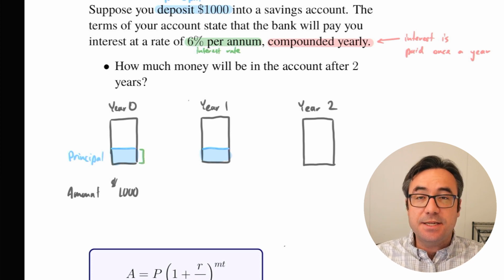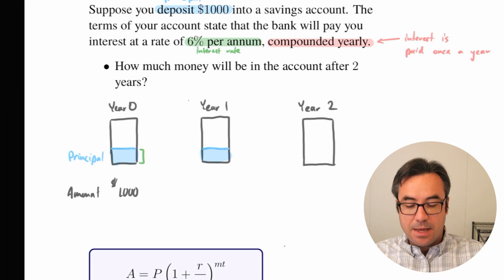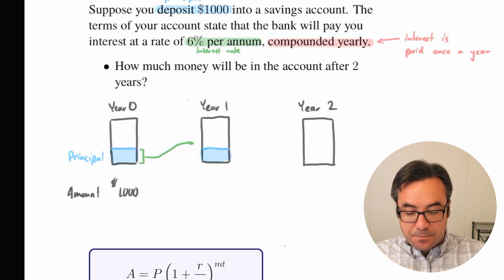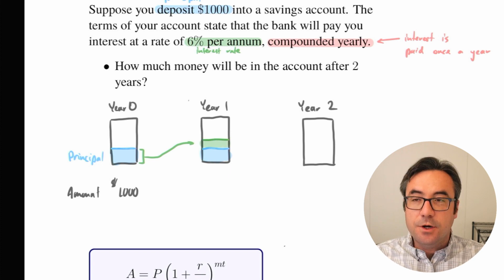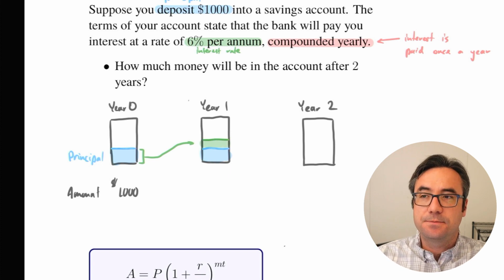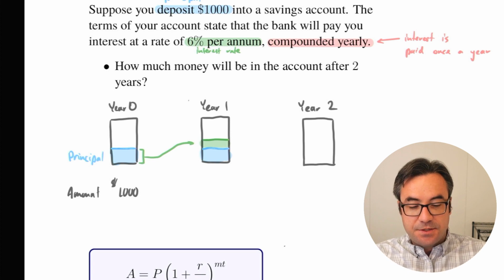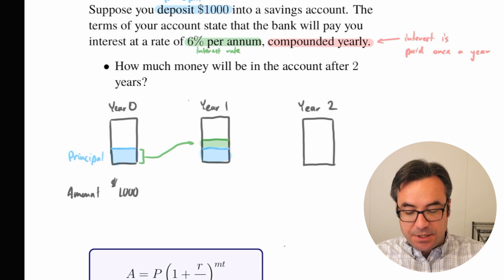So they're going to pay us interest. So they're going to put some more money into our account. And this is the year 1 interest that we're seeing. So this is our interest payment.